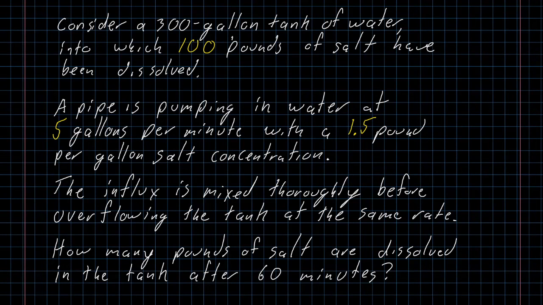This time, I'm going to dissolve 100 pounds of salt into the tank to begin with, and then I'm going to start pumping water in using a much larger pump, which is going to get 5 gallons per minute, and the water coming in has 1.5 pounds per gallon of salt concentration. We're still going to mix thoroughly, we're still going to overflow the tank at the same rate, and we're still going to ask the question, how many pounds of salt are dissolved in the tank after 60 minutes?